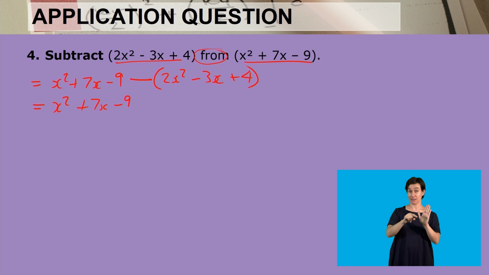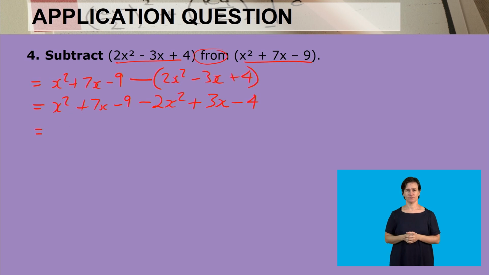Negative, there is a 1 that we do not write, that makes the negative affect the whole bracket. So it would be minus 1 multiplied by 2x squared, which would be negative 2x squared, and then negative 1 multiplied by negative 3x would be positive 3x. Then negative 1 multiplied by positive 4 would be negative 4.